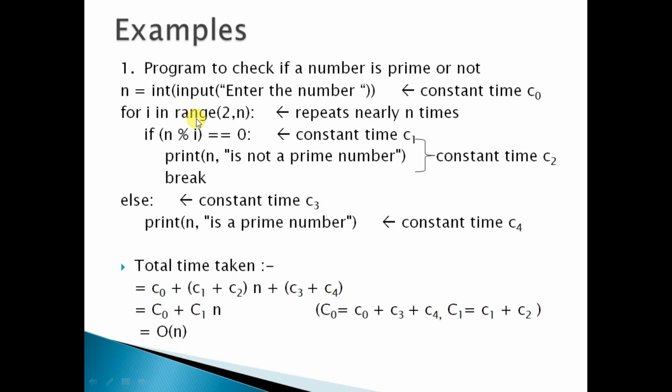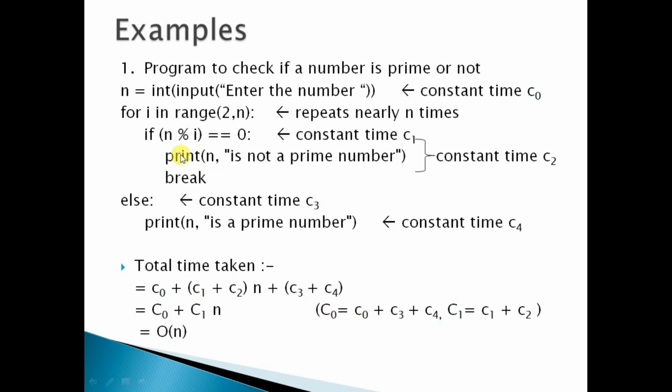Now we have a loop which is running about n times, from 2 to n. Then we check if n mod i is equal to 0. You know how to check the complexity of an if statement. It will require a constant time because it is a statement.